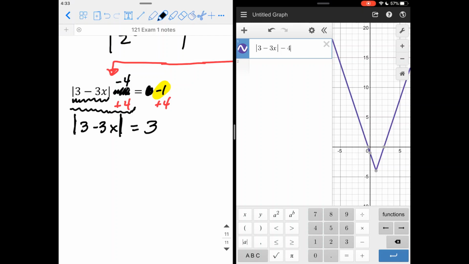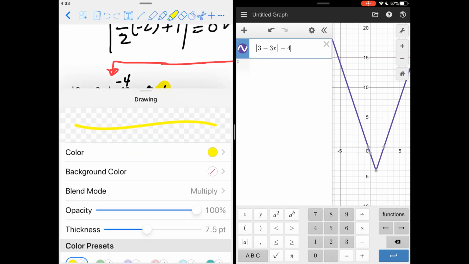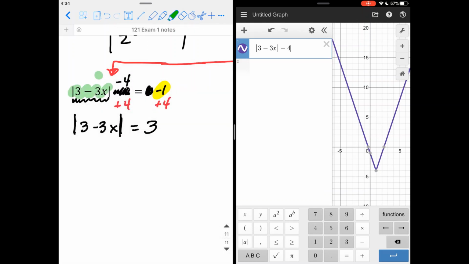All of this. It's all of this equation. And then in the other line, I'm going to put y equal to negative 1, which is what's highlighted in yellow.